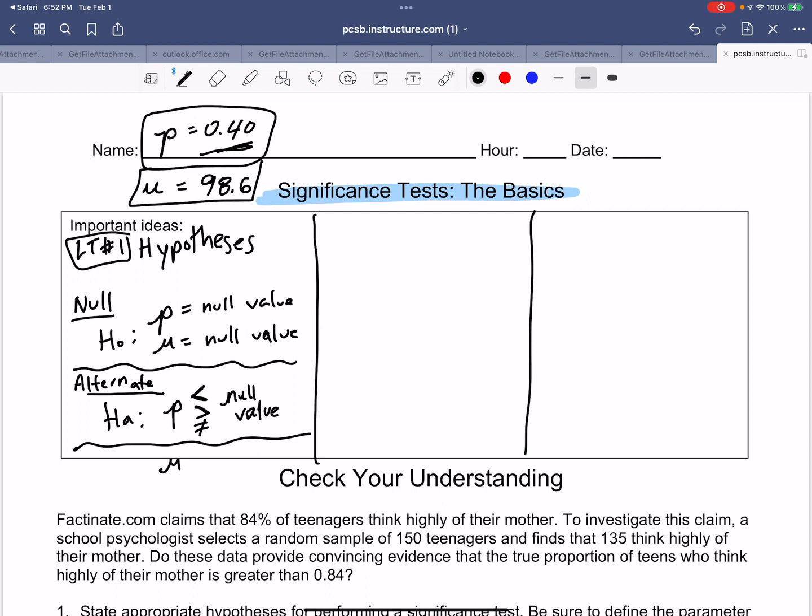So I have reason to believe it's something other than that. Again, maybe you think it's something less than that or more than that or just not equal to that. You're just like, I just don't think it's 98.6. I've now taken the temperature of hundreds of people. It's never 98.6 or close to that. I think it's something other than that. That's called your null value, okay?